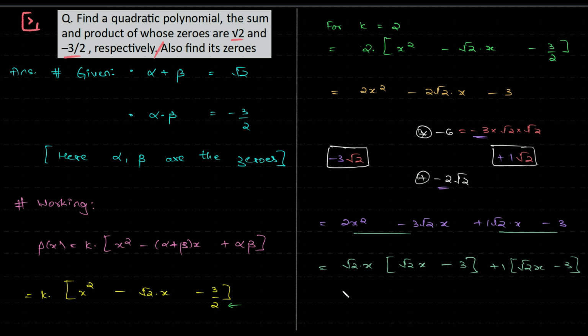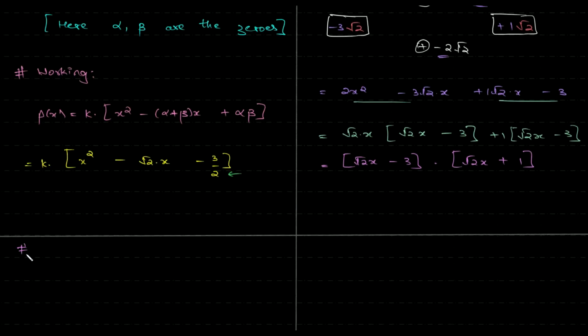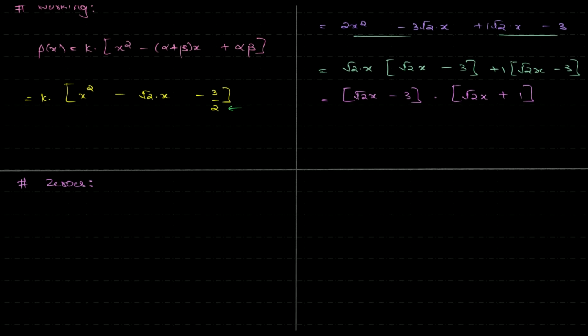And now we have root 2 x minus 3 into root 2 x plus 1. So those are your factors, and on to finding the zeros. Let's begin with root 2 into x minus 3 equal to 0.